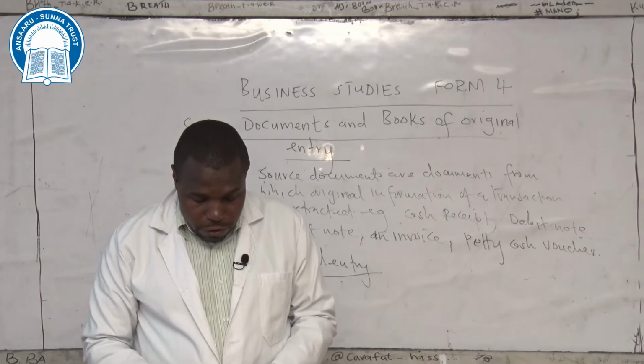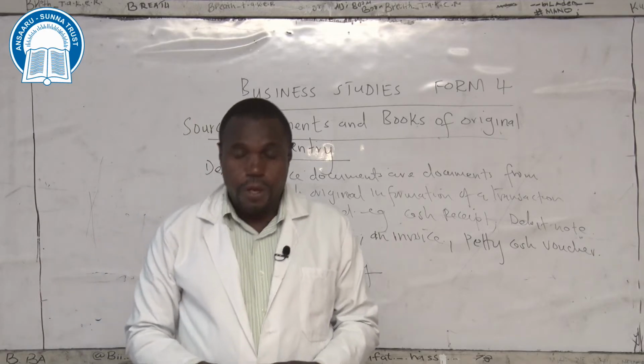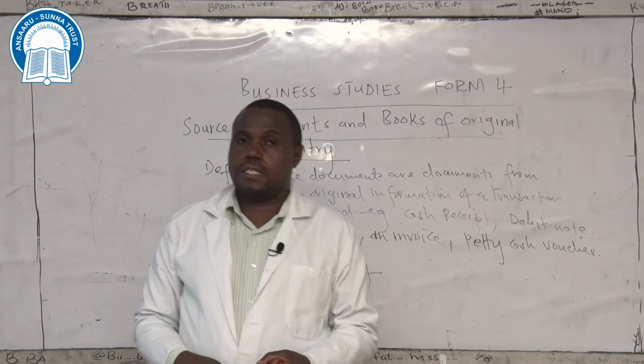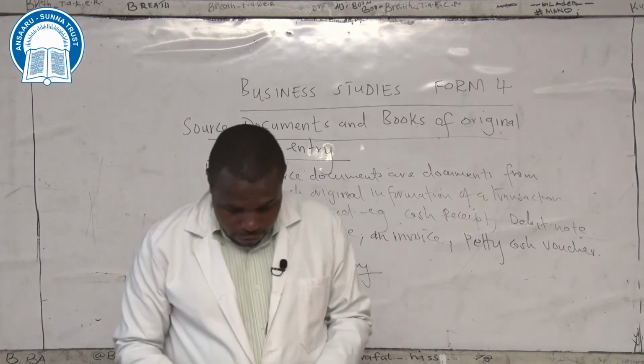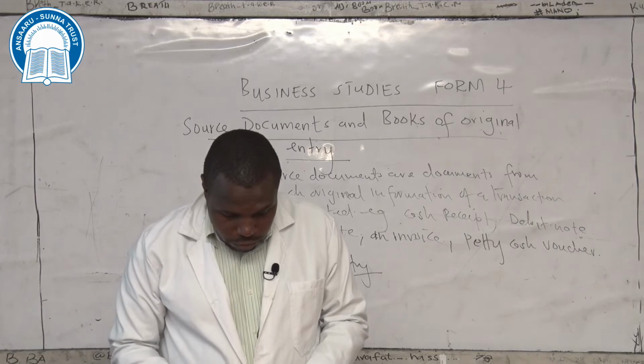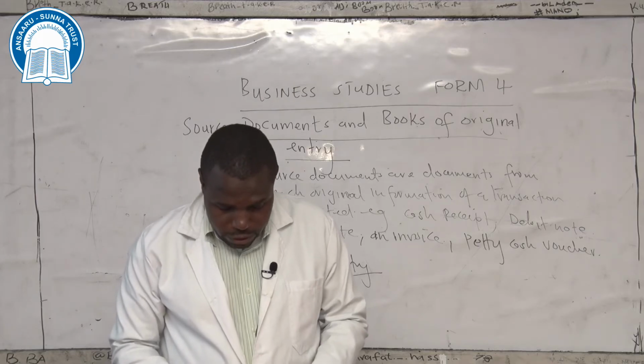So examples of these books of original entry, we have the sales journal. Sales journal will contain information of goods that have been sold on credit.